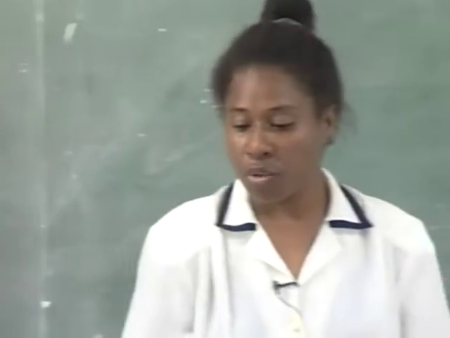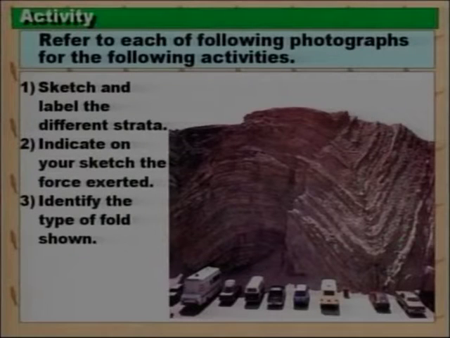And now we are going to look at, in reality, those features as shown in the photographs given. You will be given 2 photographs to look at for the activities, and for each of those, you will be given at least 5 minutes.